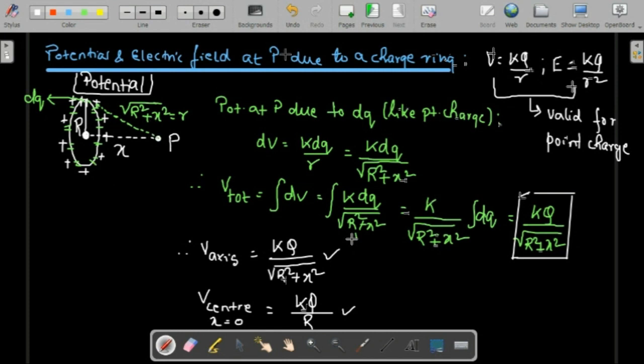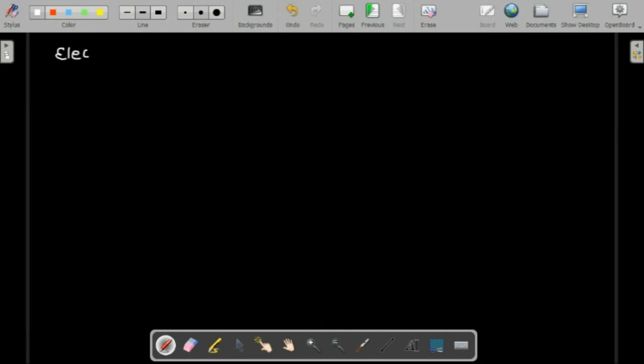Okay, now let's find out the electric field because of this ring of charge. Electric field is tricky because electric field is a vector quantity. Electric field is a vector, very important. So the approach cannot be the same.